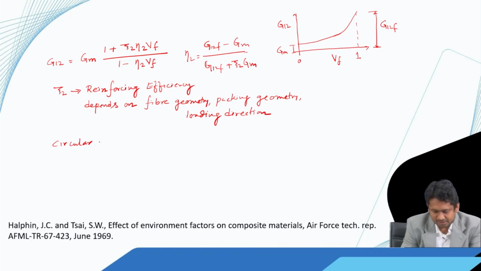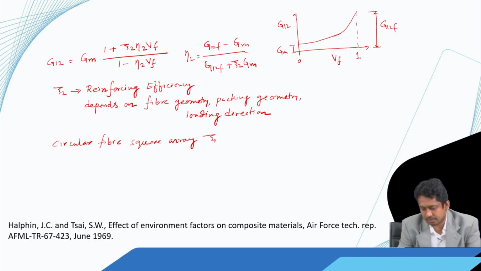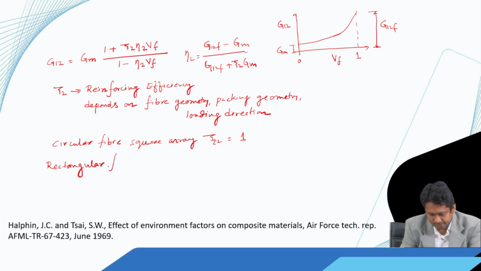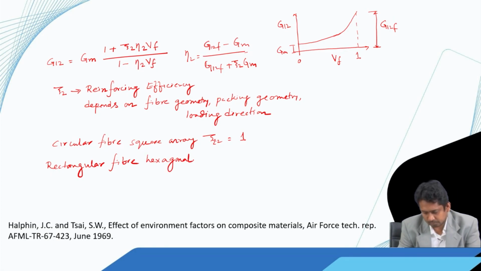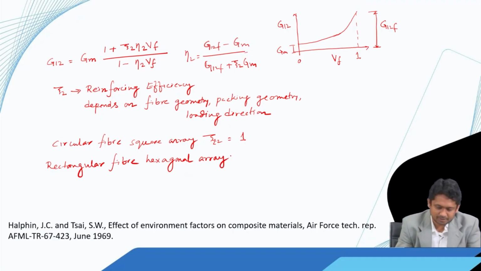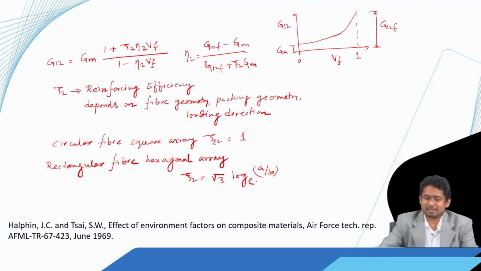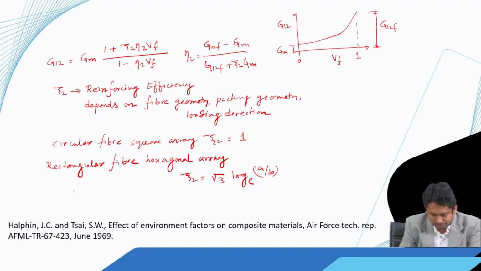For example, here xi 2 for circular fiber, square array gives us xi 2 is equal to 1, whereas rectangular fiber, hexagonal array gives us xi 2 is equal to root 3 log a by b, with the base of the log being e, where b is in the direction of load.